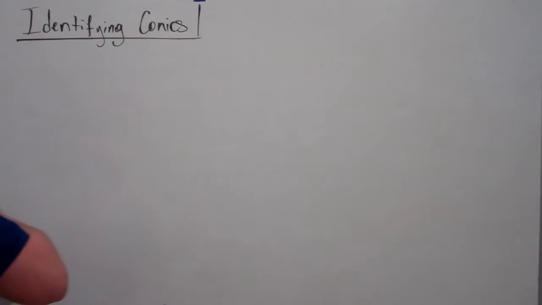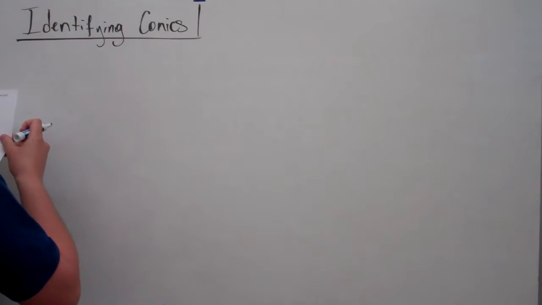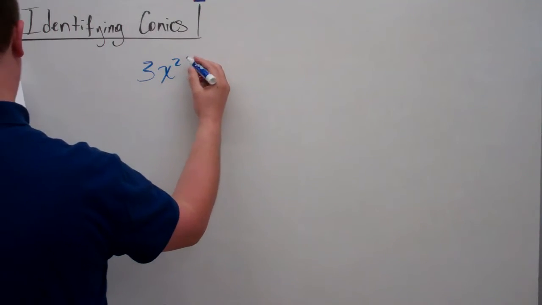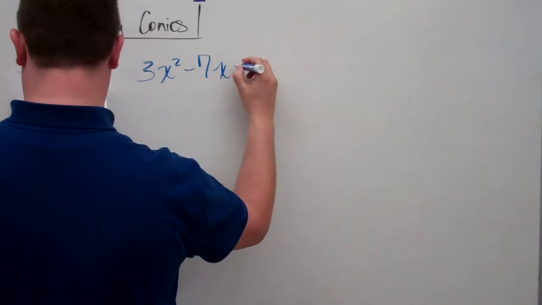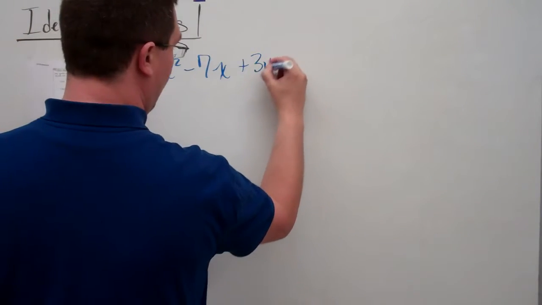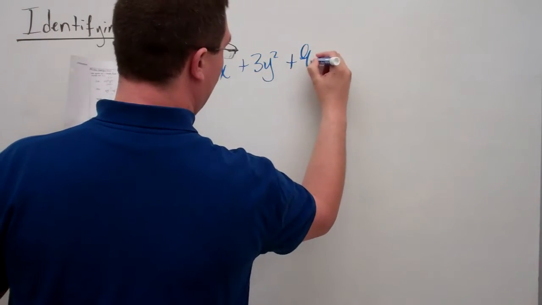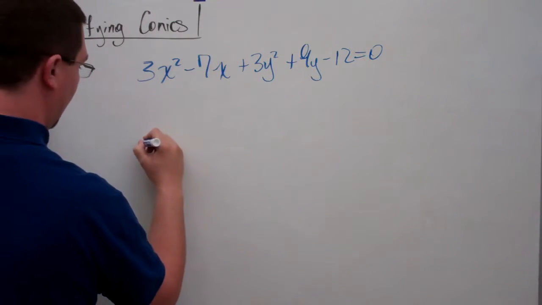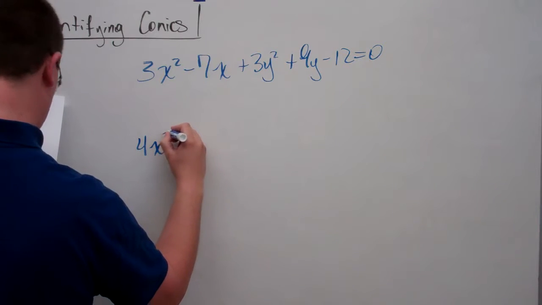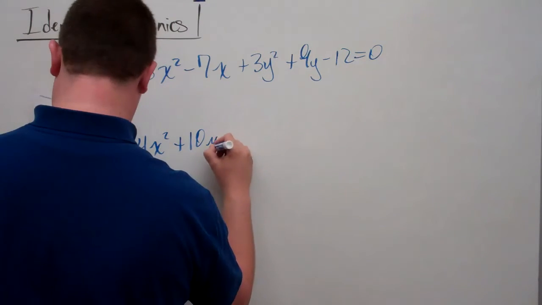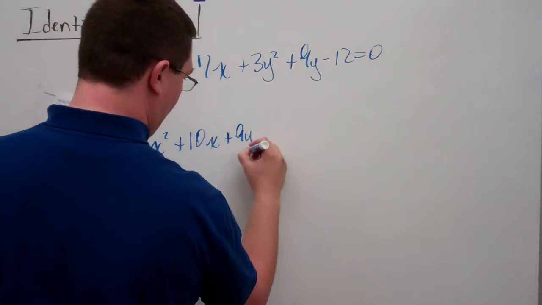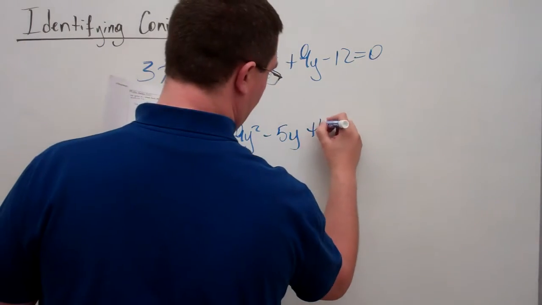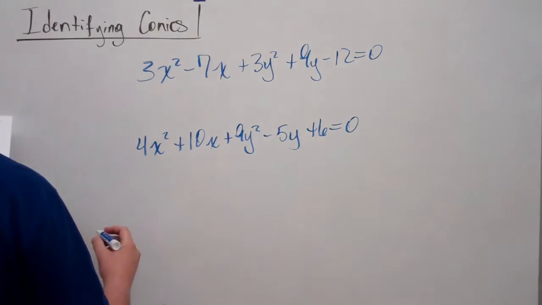For instance, say we have 3x squared minus 7x plus 3y squared plus 9y minus 12 equals 0. Or say we have 4x squared plus 10x plus 9y squared minus 5y plus 6 equals 0.